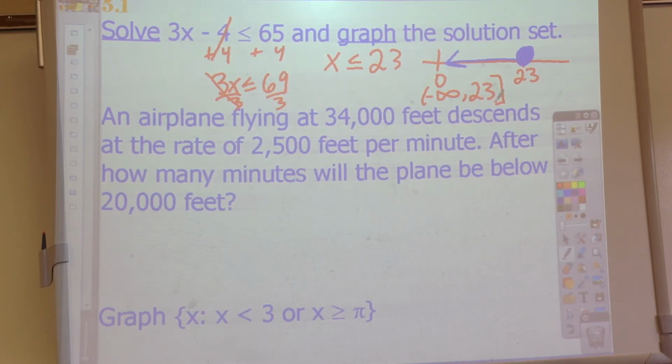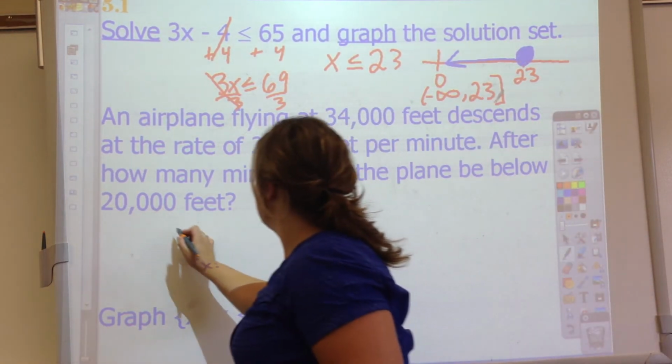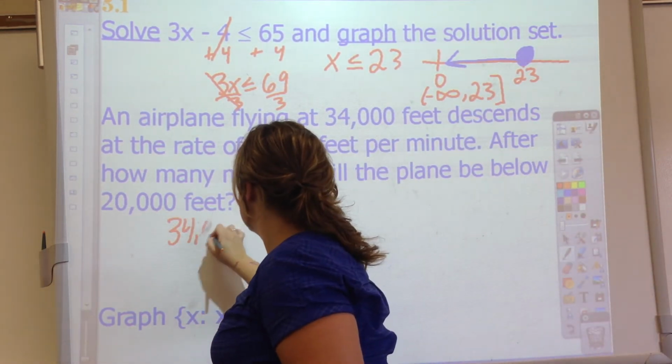All right, let's try this in a real-world situation. We have an airplane flying at 34,000 feet, and it's descending at a rate of 2,500 feet per minute. After how many minutes will the plane be below 20,000 feet? In my inequality, I'm going to start off with 34,000.